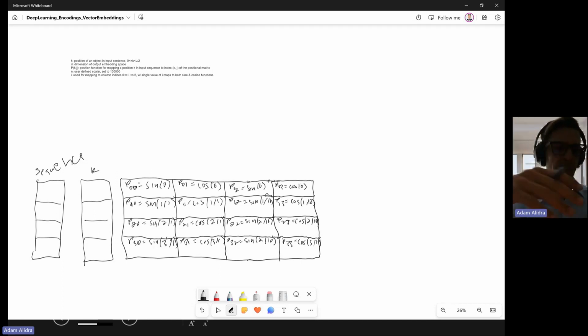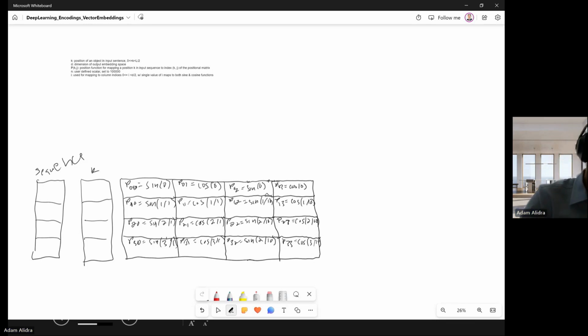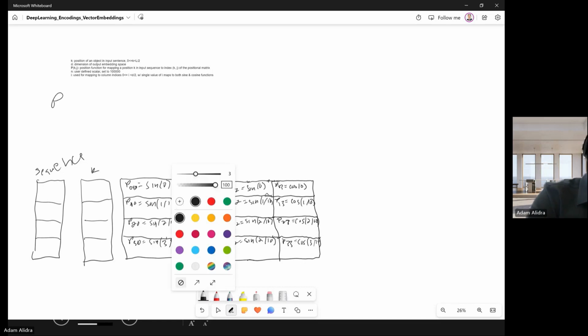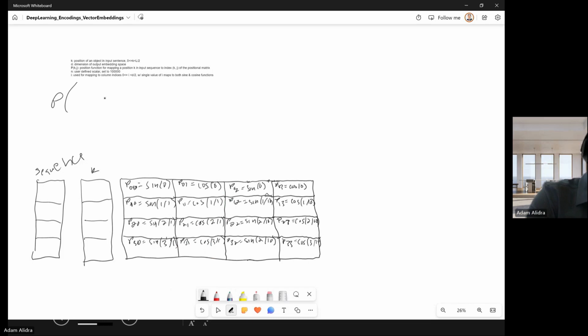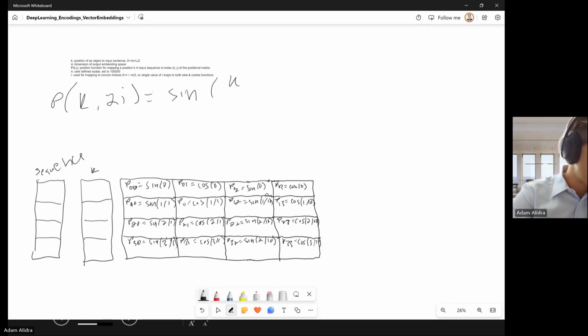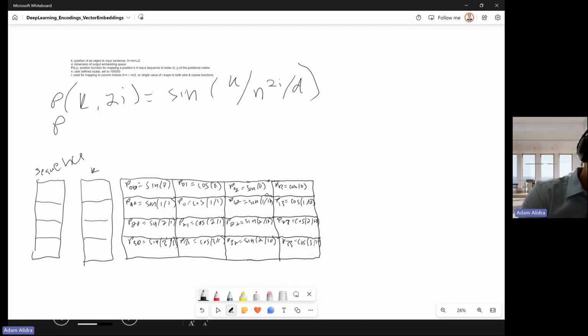So as you think about words and where they may fit from a sentence perspective to produce the appropriate output, the positional encoding is given by sine and cosine functions of varying frequencies, where P(k, 2i) = sin(k / n^(2i/d)), and then we have P(k, 2i+1) = cosine.